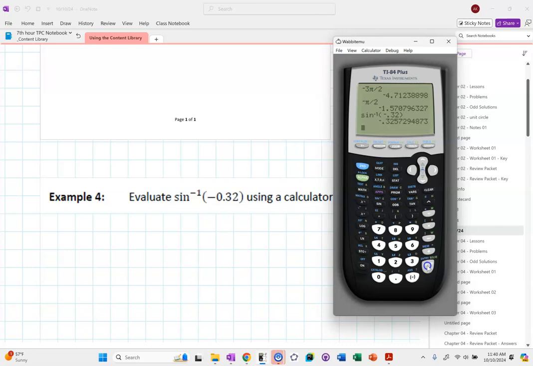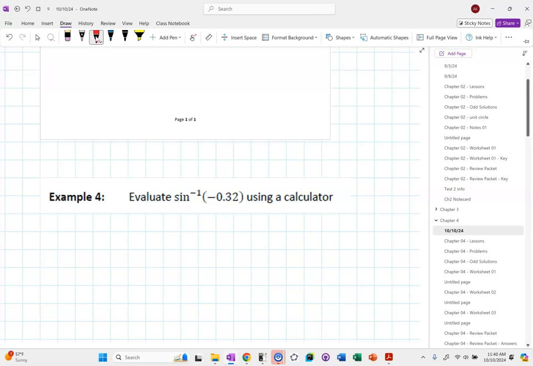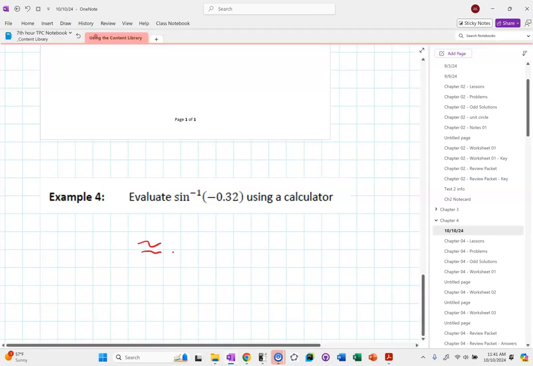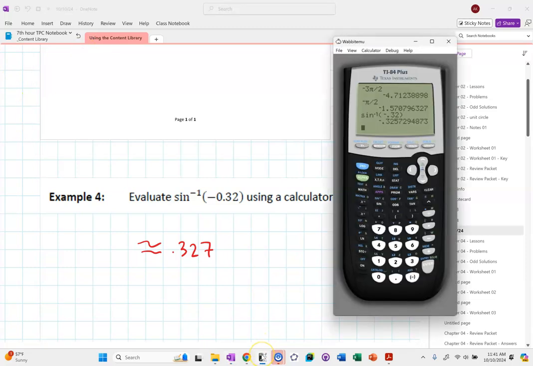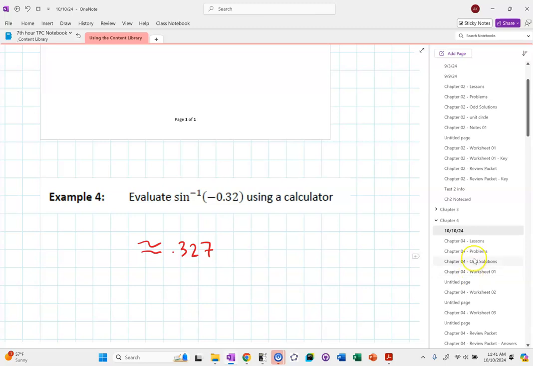If you have your calculator with you, I invite you to do this at the same time and make sure that you're getting that negative 0.326 number that I just got. If you get 18 something or another, that's the other likely result.